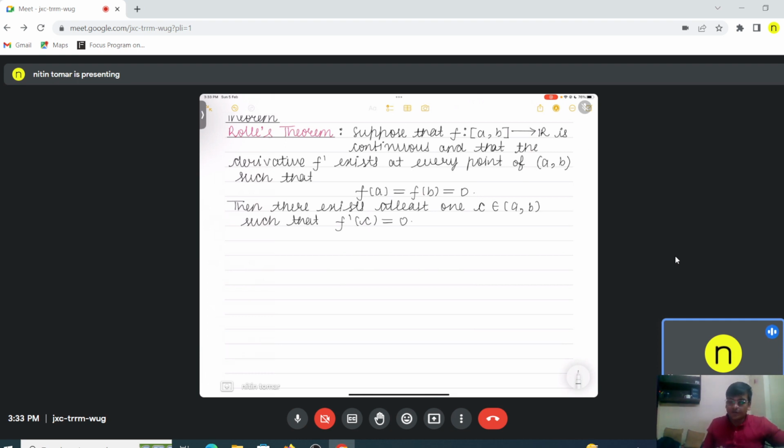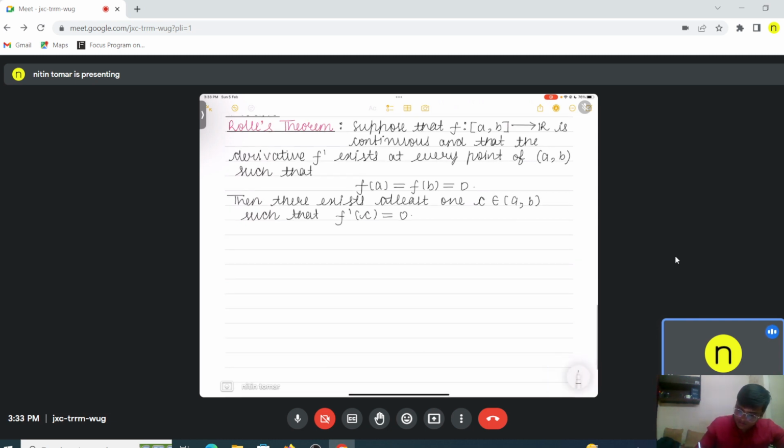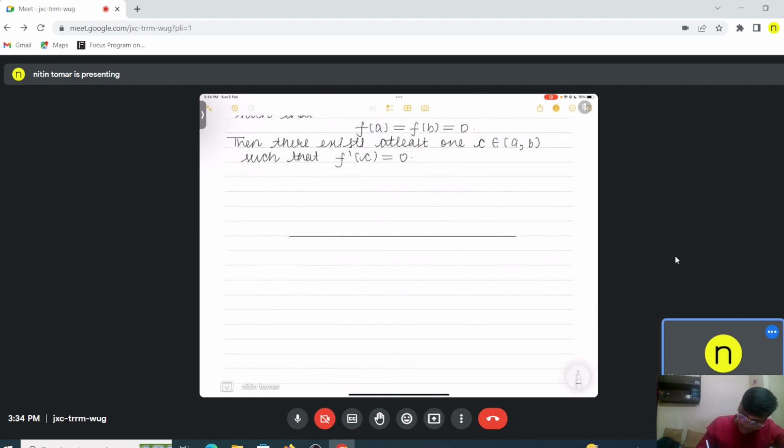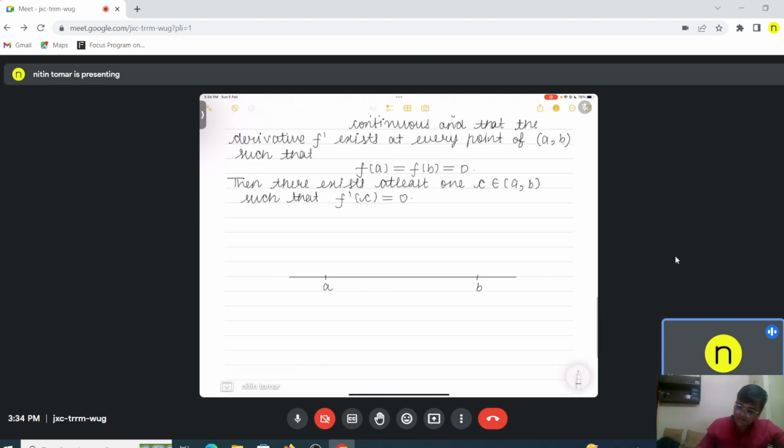Now it has a beautiful geometrical interpretation which I would just explain in a minute if you will allow me. Then we'll go to the questions. If this is our graph and this is our A and this is our endpoint B, now what does it say?